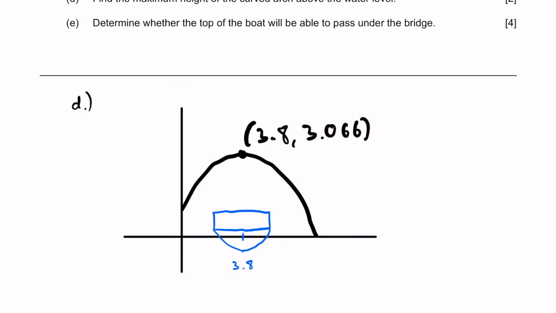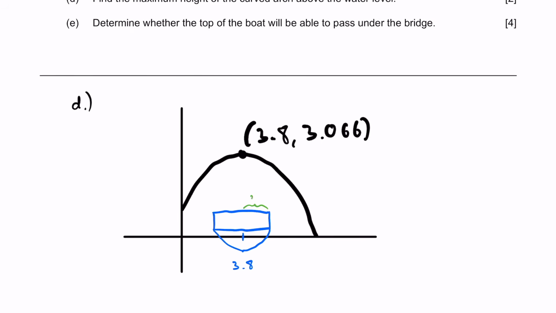Okay, and we know the width of this boat is equal to 5 meters. So if this is the axis of symmetry right here, we know that the boat hangs over on each side, well, by 2.5 meters on each side. So let me get a different color here.